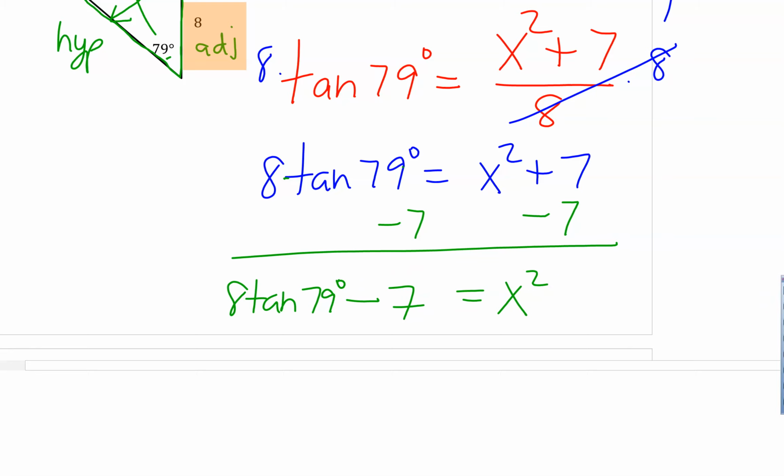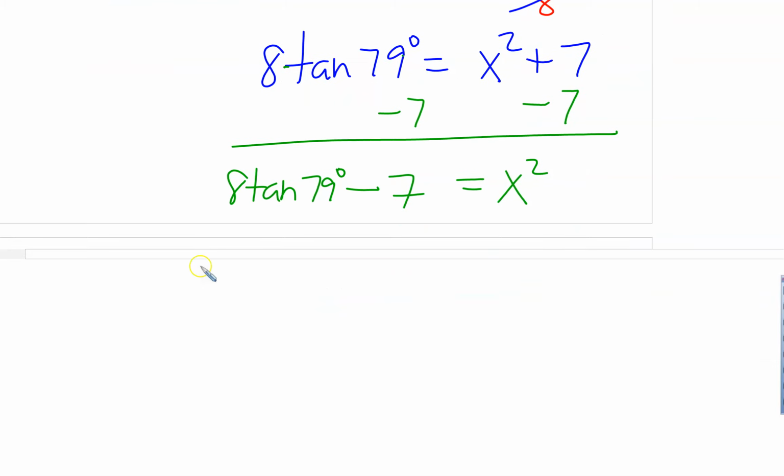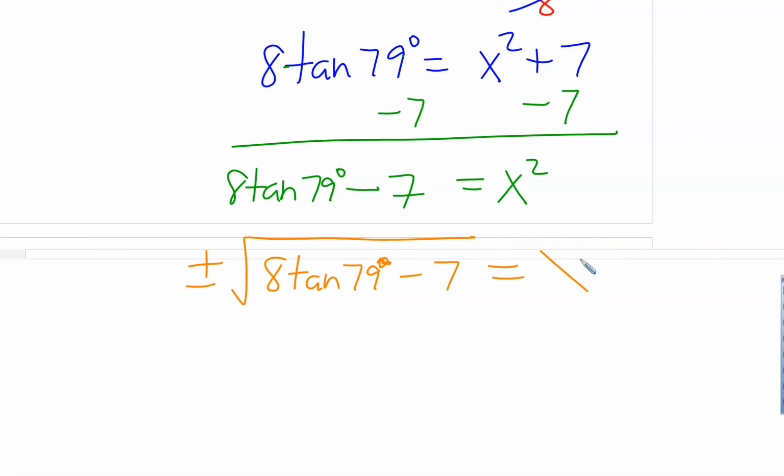Then we're going to undo our exponent, taking the square root of both sides. We get plus or minus the square root of this 8 times the tangent of 79 degrees minus 7 equals square root of x squared is x. So now we can use our calculator and round to the nearest hundredth, which is our second decimal place.